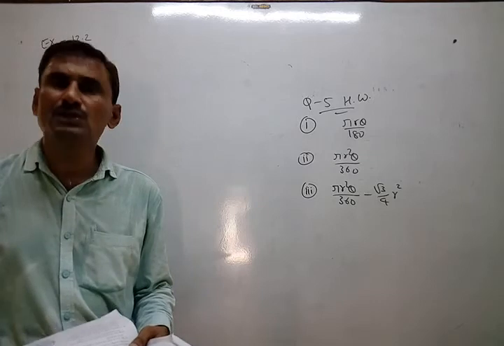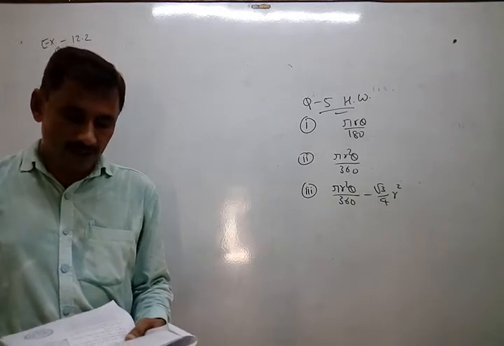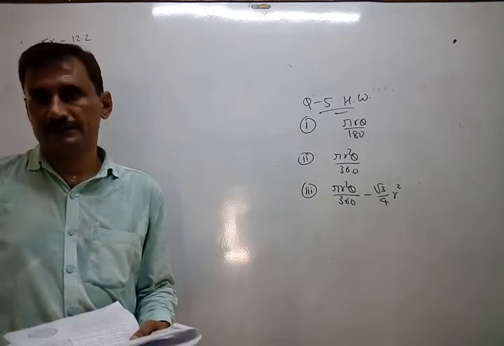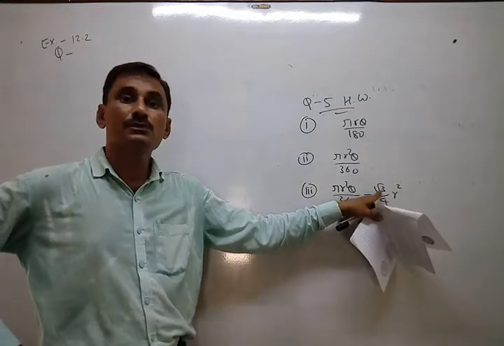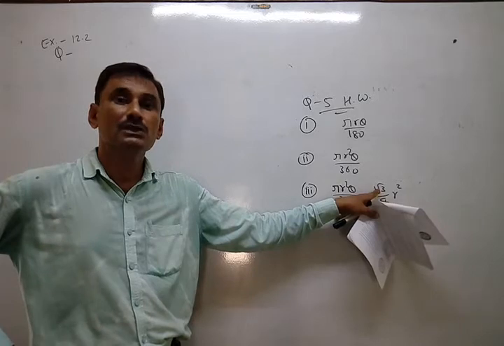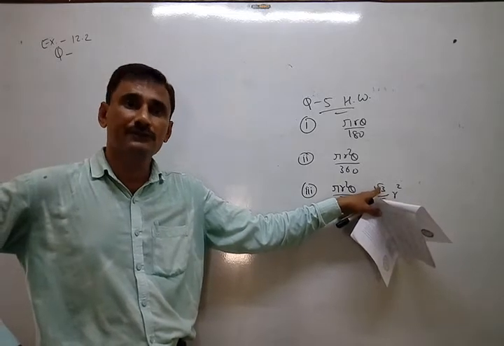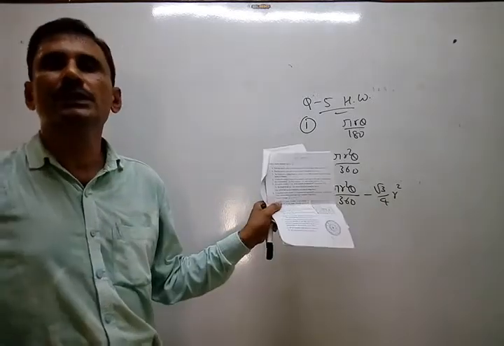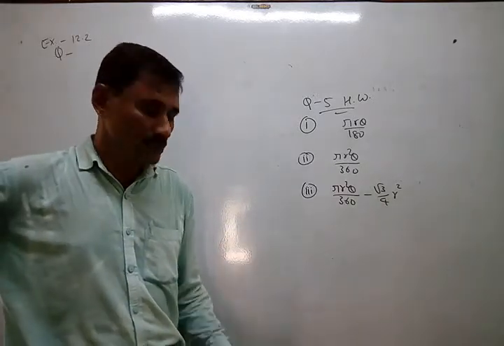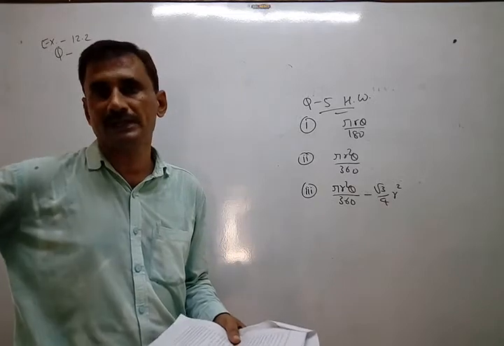Here the major segment is also asked, and root 3's value is given. In the earlier one, there is no need to place the value of root 3 because no value was given. But in number 6, root 3 equal to 1.73 is given, so we have to place that value.